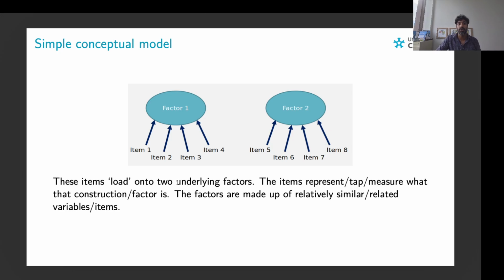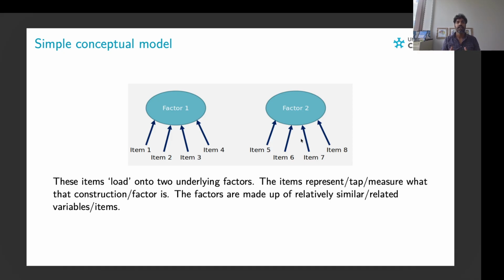So again, here's our simple conceptual model. These items load onto two underlying factors. The items represent, tap, measure what that construct or factor is. The factors are made up of relatively similar related variables or items. That's what we see there, right? So these are the factors and these are the items. I just want to have the visual representation of what's going on behind the statistics, because you've heard of all these words: communality, shared variance, unique variance.